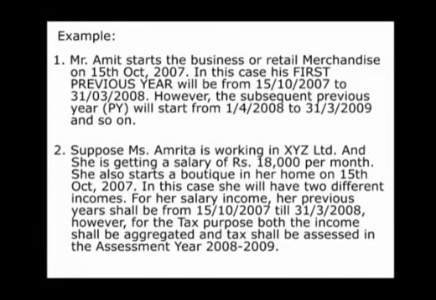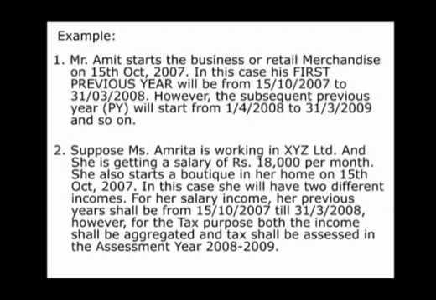So the previous year would be reckoned from the day he started the business. However, the subsequent previous year will start from 1st April to 31st March 2009 and so on. The things can be amply clear if you analyze the second example.